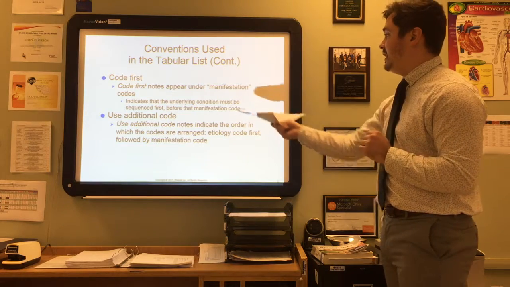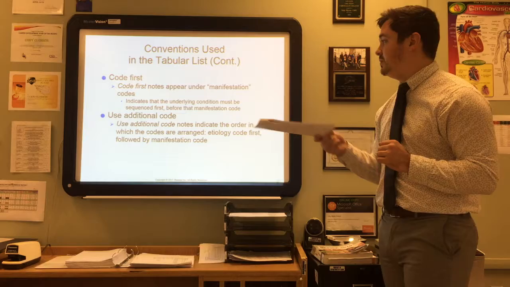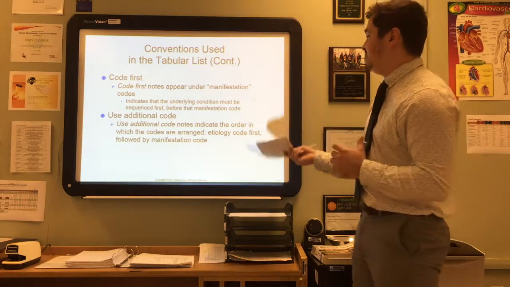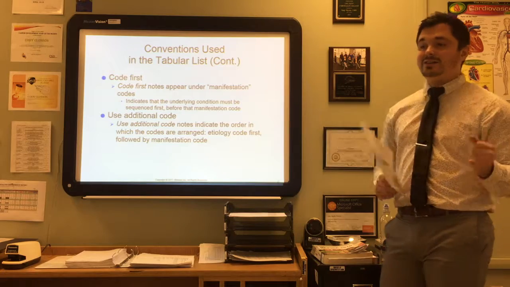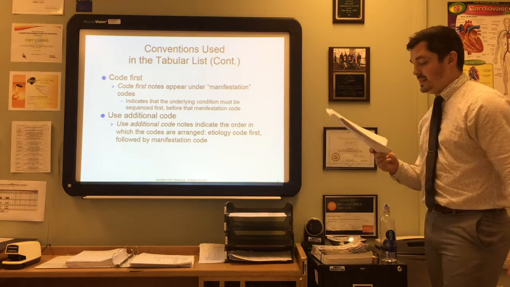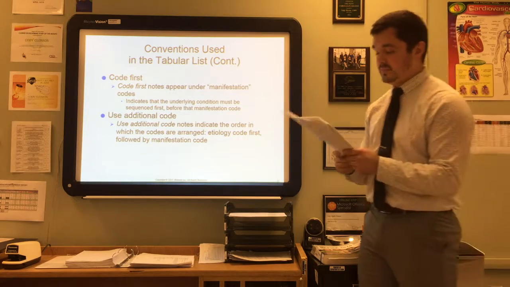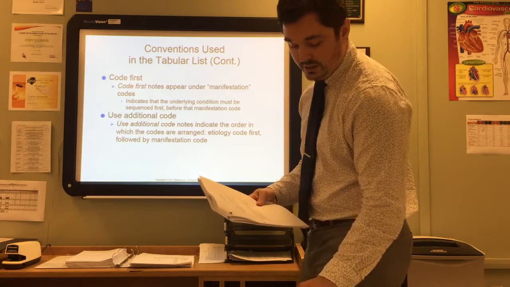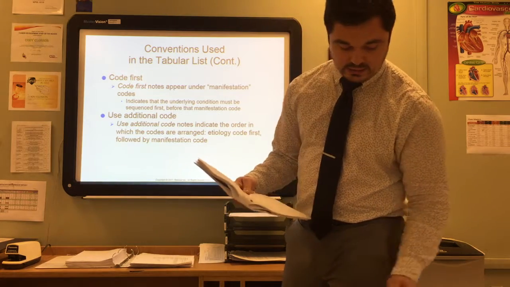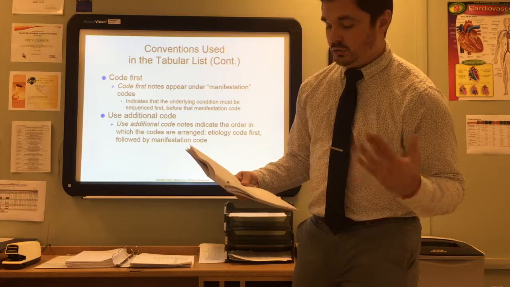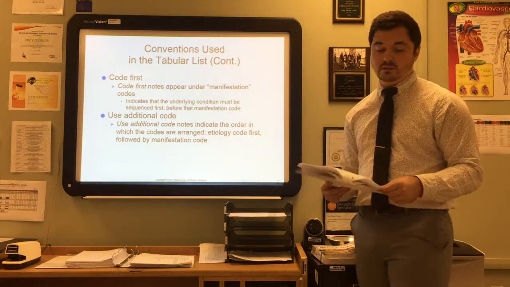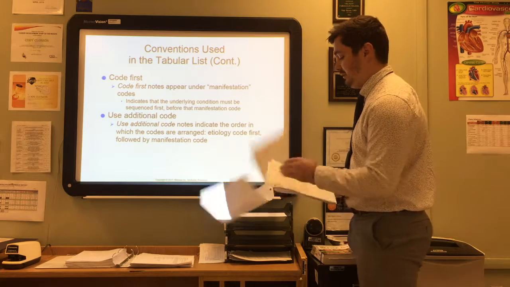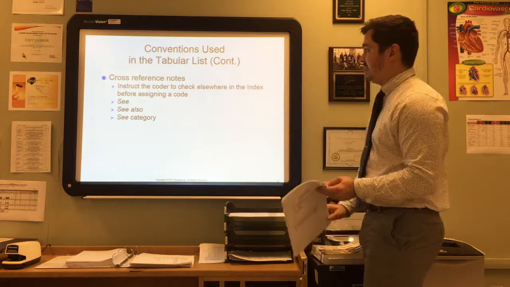An additional code note indicates the order in which the codes are arranged: etiology code first, followed by the manifestation code. If you look at figure 14.7 on page 262, which is at the very bottom, you will see an example of a code first note in the ICD manual, so it helps educate yourself there a little bit more and understand exactly what they mean.